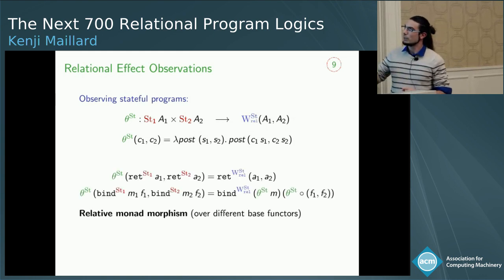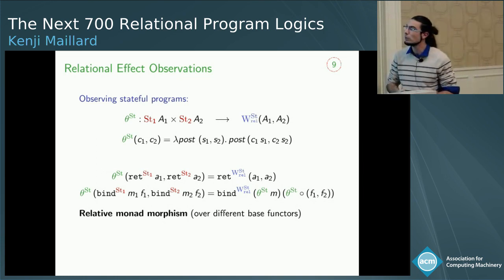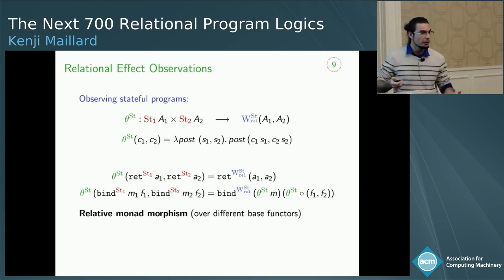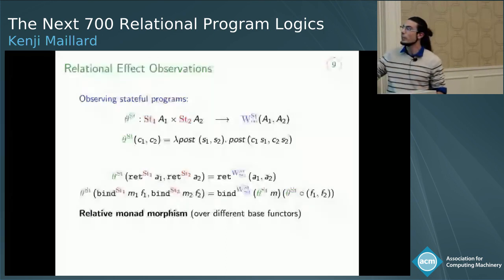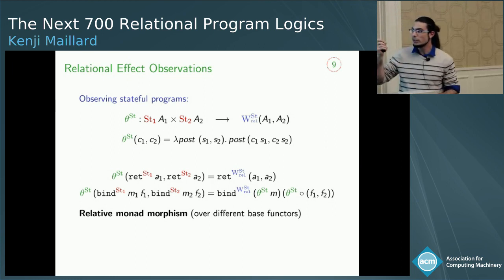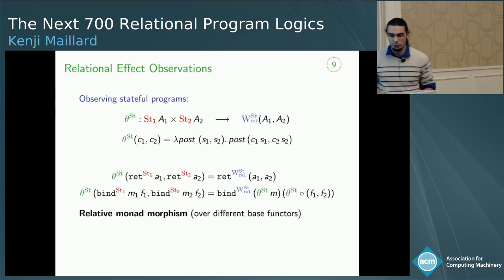And this relational effect observation that explains my monadic computations as relational specifications preserves both the return operation and the bind operation, in the sense that they are mapped to the ones of the relative monad structure that I have on my object of relational specification. And so it is a relative monad morphism over different base functors, something that we had to define in our paper to extend the existing work in the literature.